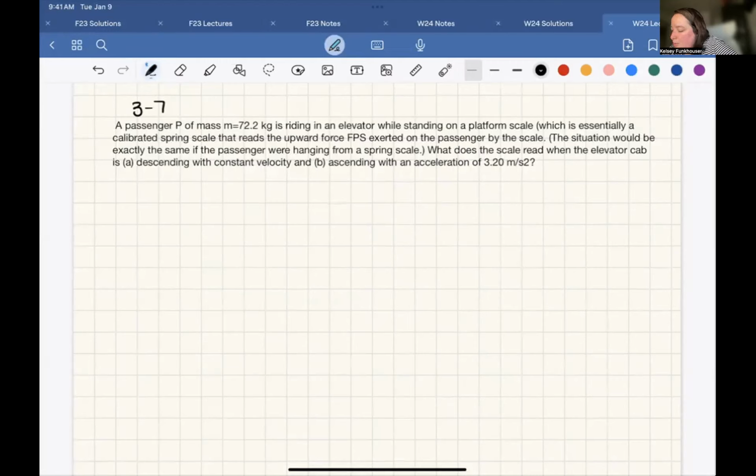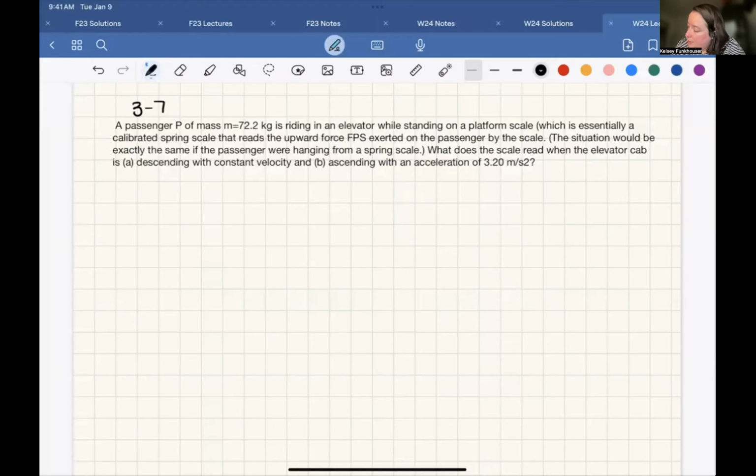The situation would be exactly the same if the passenger was hanging from a spring scale, just so you know. We want to know, what does the scale read when the elevator cab is A, descending with constant velocity, or B, ascending with an acceleration of 3.2 meters per second squared?